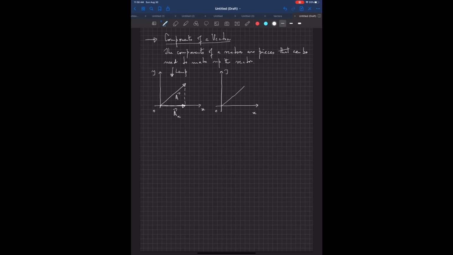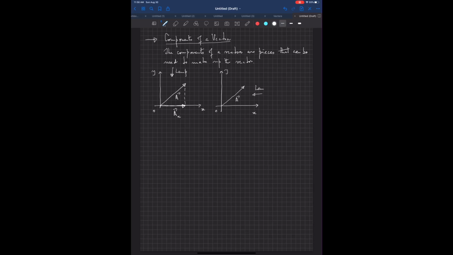This is my vector A. Let me now put a lamp here and shine light in this direction.